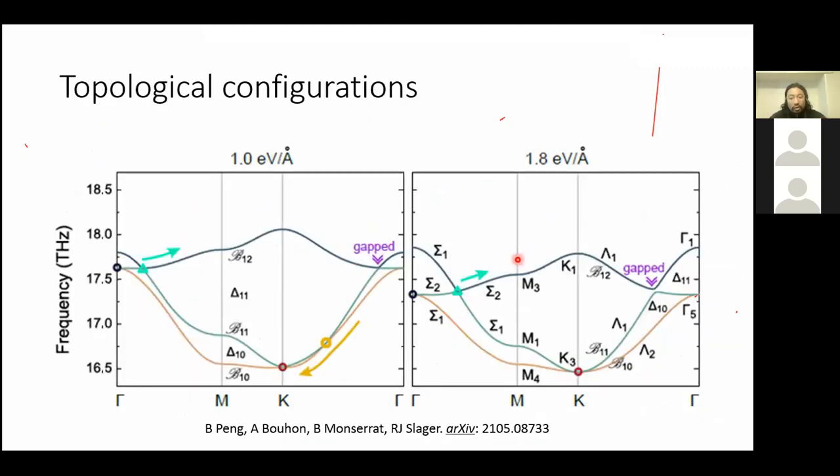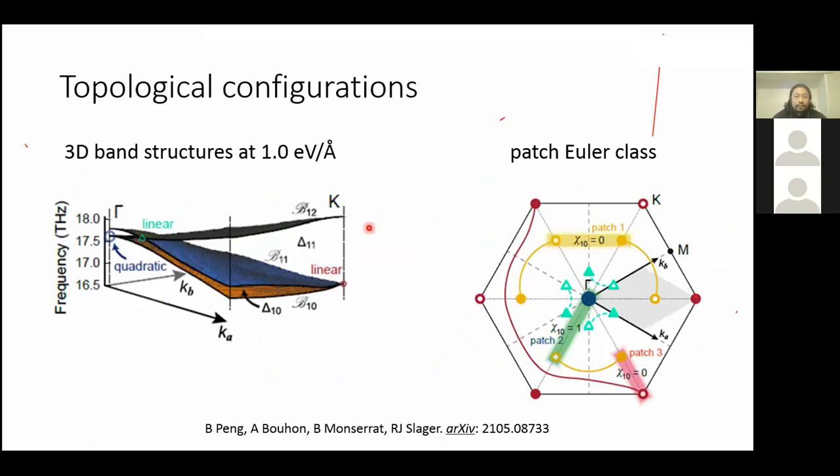And so how do we determine these topological configurations? The thing is we can calculate the topological invariant based on the Euler class. For example, we'll take these two as examples. First, we can calculate the Euler patch around, for example, two band crossing points. If the Euler class is 0, that means they have opposite charge.